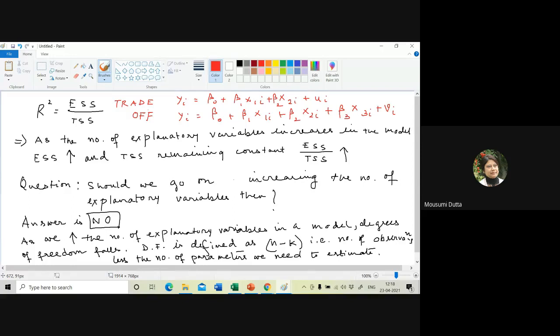Please add: R square, capital R square, as a measure of goodness of fit captures the benefit part.